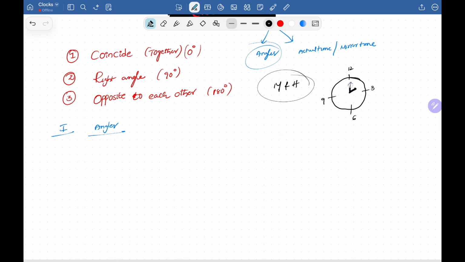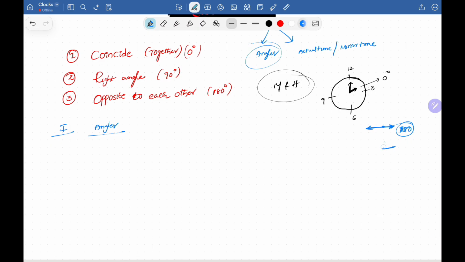If they coincide together, that is 0 degrees. If they are opposite to each other, then it is 180 degrees.